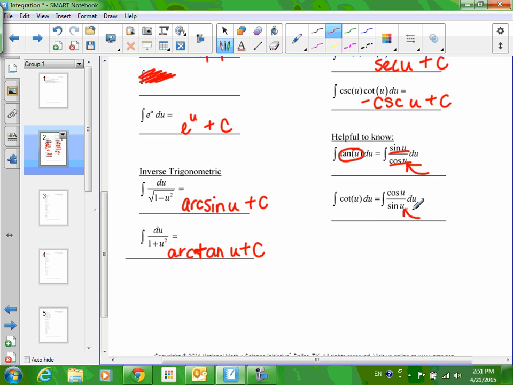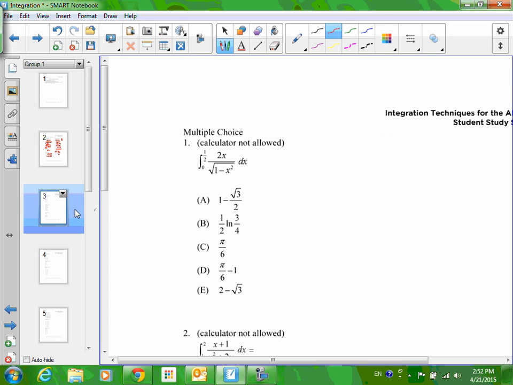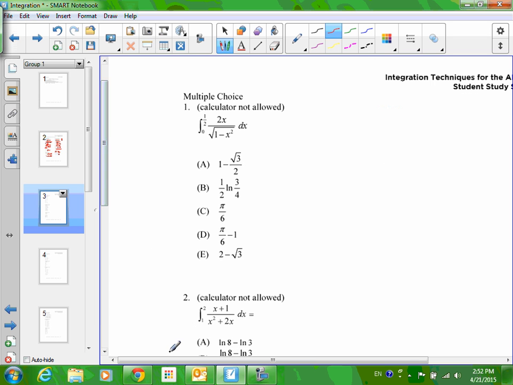You're going to get natural log of sine or cosine, one negative, one positive. I don't want you to memorize that. I just want you to know that when you're integrating tan and cotan, you have to split it up and work the problem that way. We are going to start with number 1.